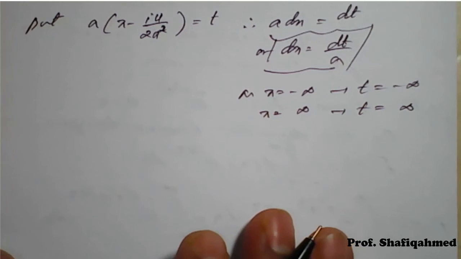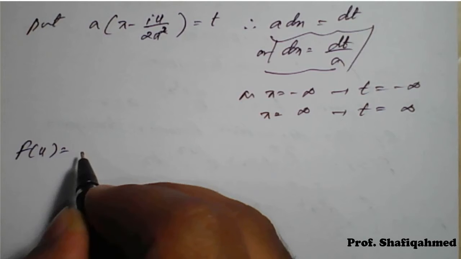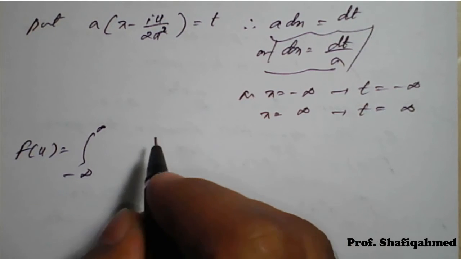So therefore our above Fourier transform will become integration minus infinity to plus infinity.